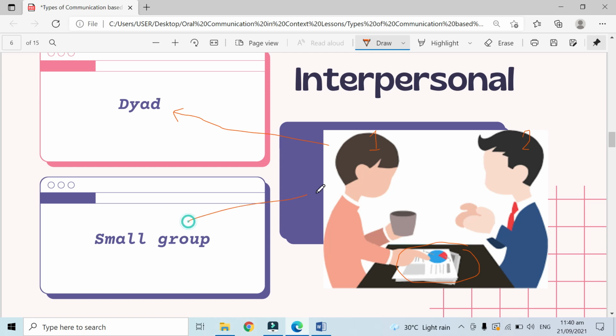And another one is small group. Small group consists of 3 to 5, or 6 to 10 people who are talking. Examples are groupings inside the classroom, Bible study, and many more. So that's for interpersonal communication.